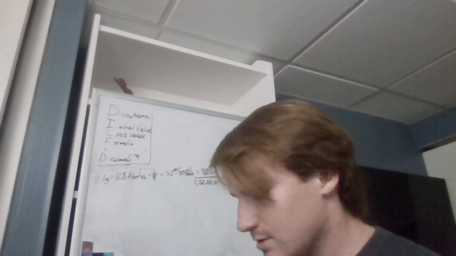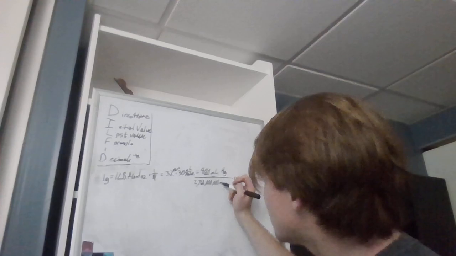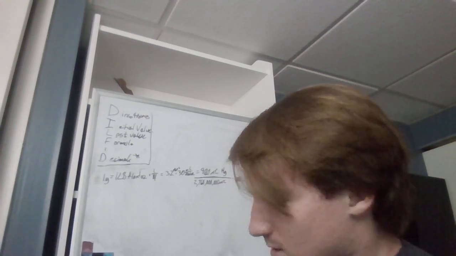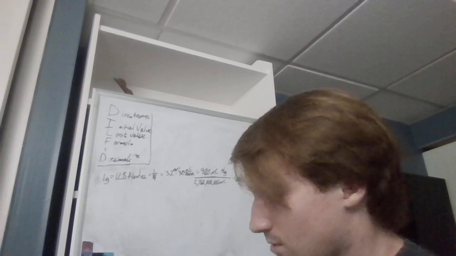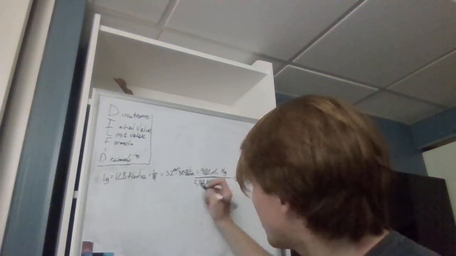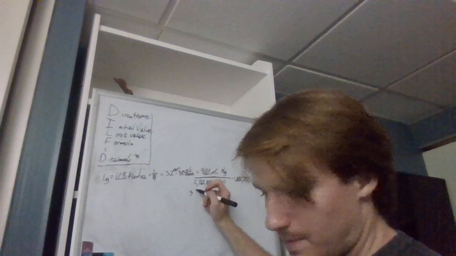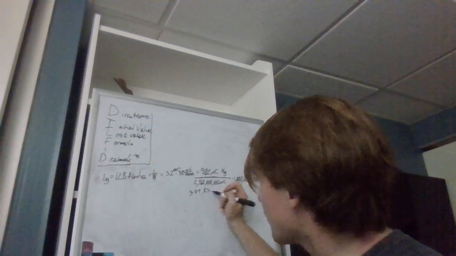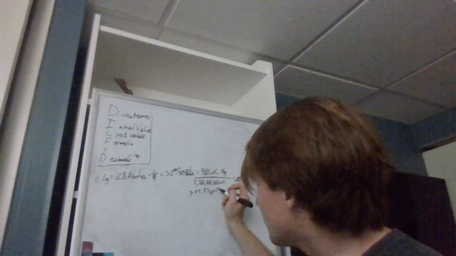So 960 divided by 2,760,000,000 ml times 1 billion equals 347.83 parts per billion.